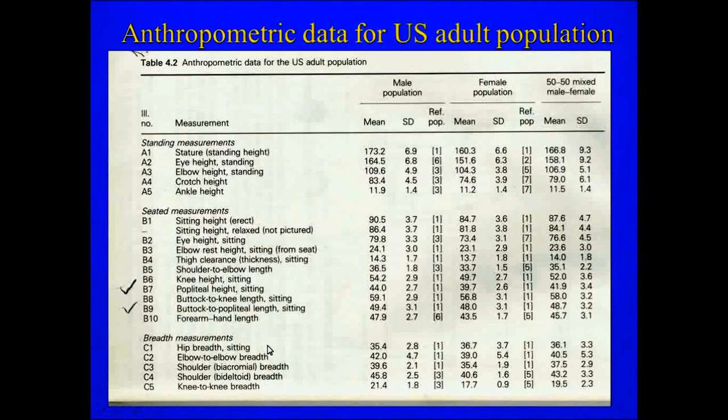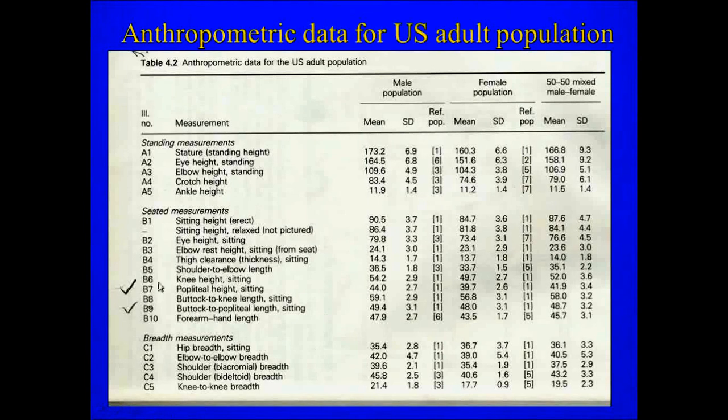So in this case, let's say I've asked you to give me the 50-50 mixed male to female mean and standard deviation for popliteal height sitting and buttock to popliteal length sitting because I'm interested in purchasing some chairs, and I want to make sure that these chairs fit the majority of the population that I'm interested in.